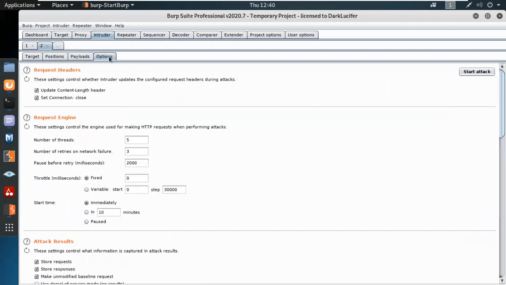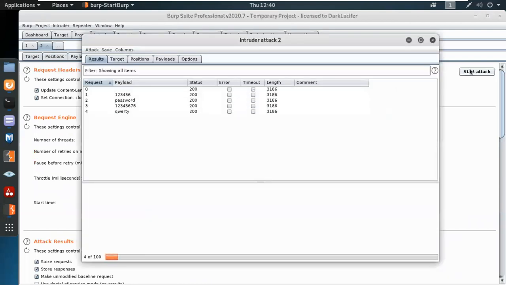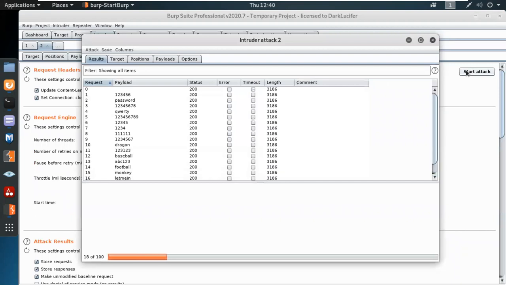So let's go to options and start attacking. What I can see over here, all the things are executed.